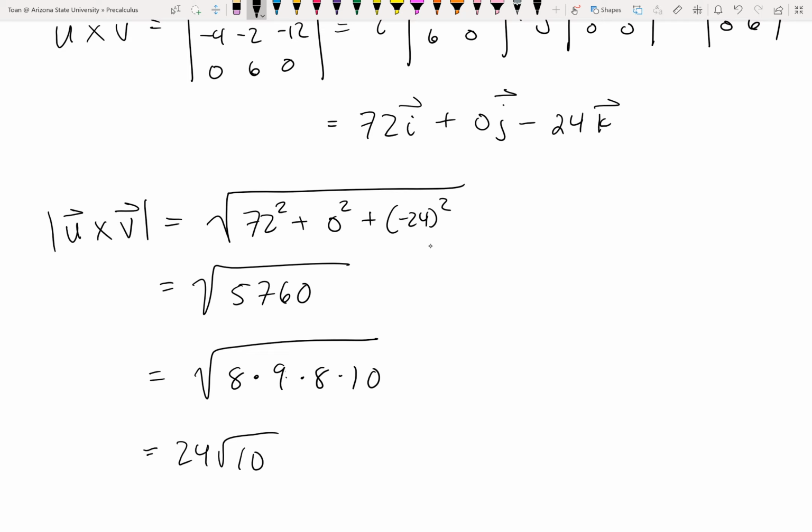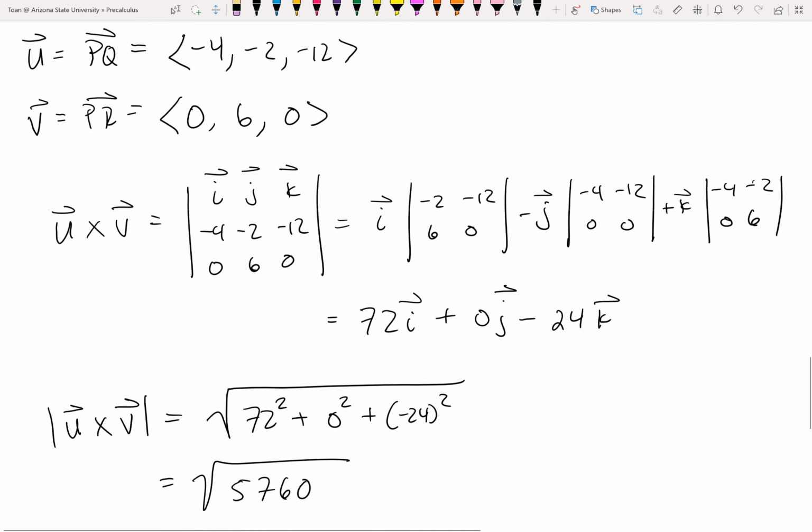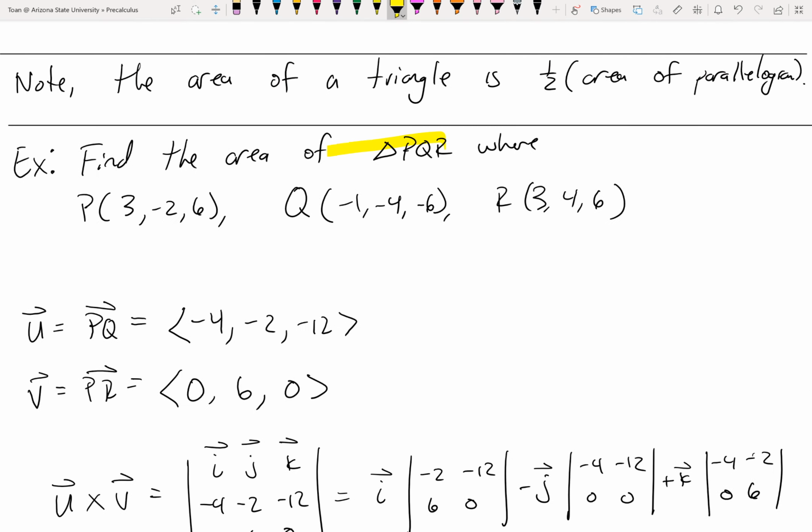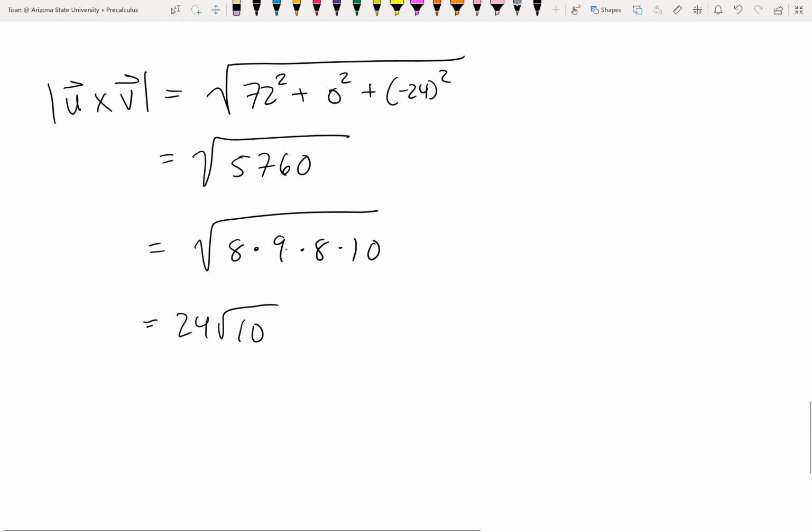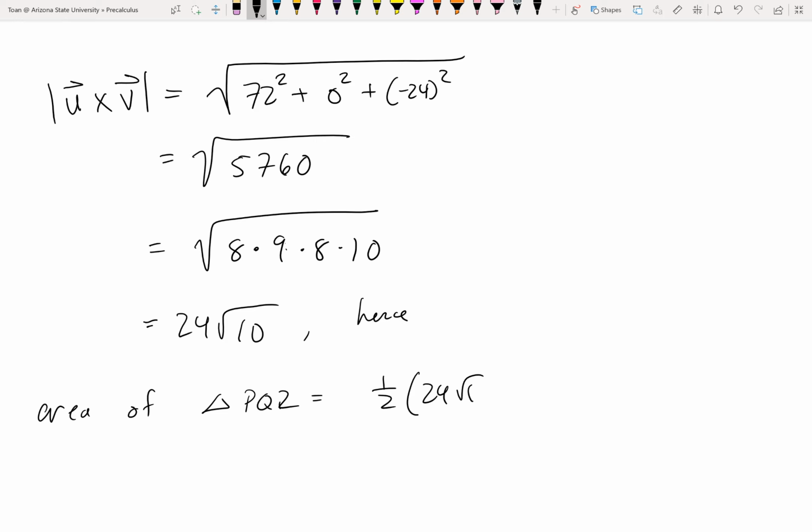Okay, so what did we do here? We found the length or the magnitude of the cross product. This answer here is actually the area of the parallelogram, and that would be our answer if it asked for a parallelogram. But since it asked for the area of a triangle, all you got to do is split it in half. So the area of triangle PQR is 1/2 of that answer, which is 12 square root of 10.